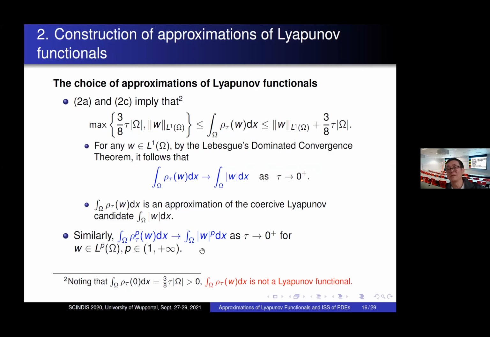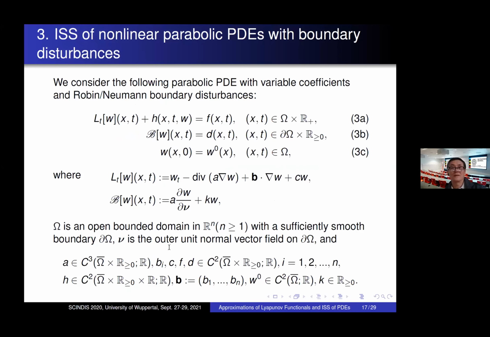It's the same for the case where p is bigger than 1. So for L^p with p bigger than 1, we can take an approximation of this form. So I will illustrate how to use this one to establish the ISS for our parabolic equations.